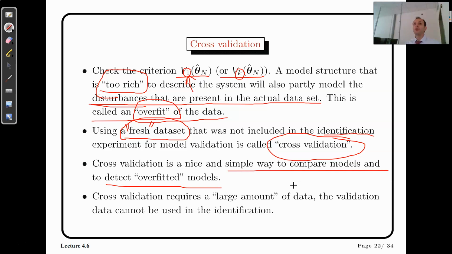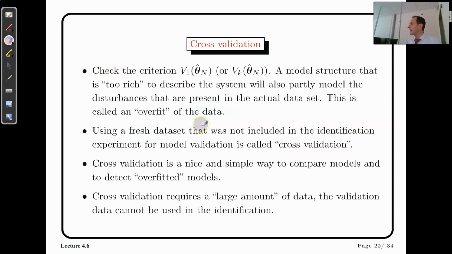So the best solution is to consider all the data for the identification, because if you have only 100 data and you split them into two sets, 50 data for the identification and 50 data for the validation, 50 data is a too limited number of data for performing our estimation.